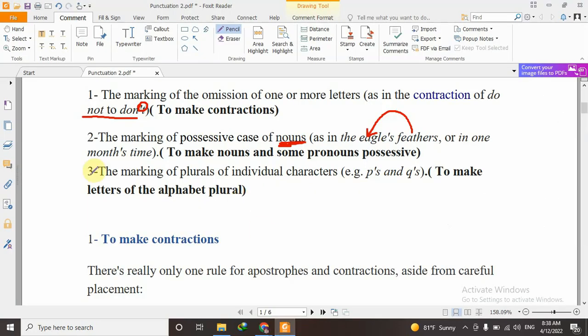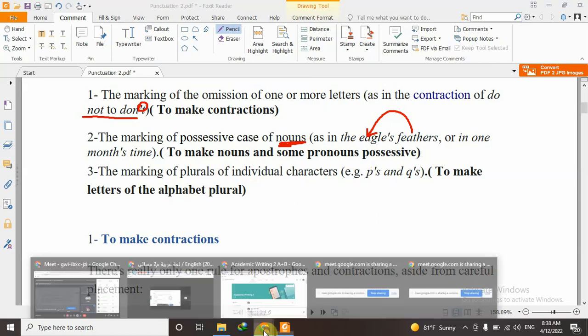The third use is the marking of plurals of individual characters, for example, to make the letters of the alphabet plural.